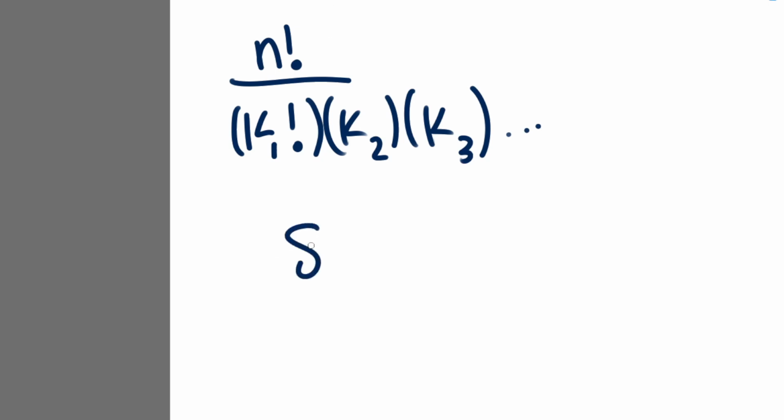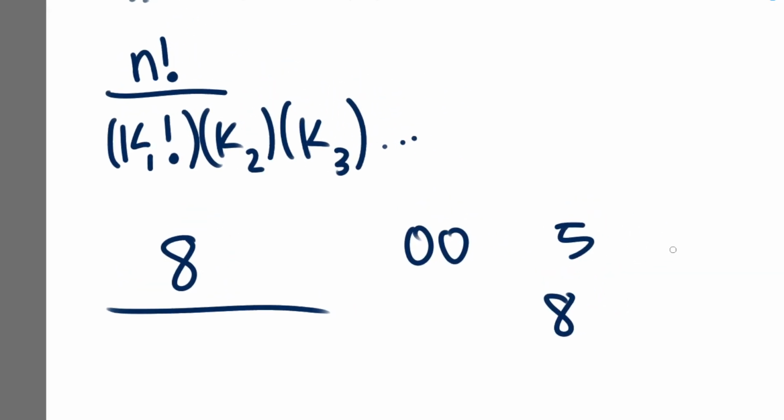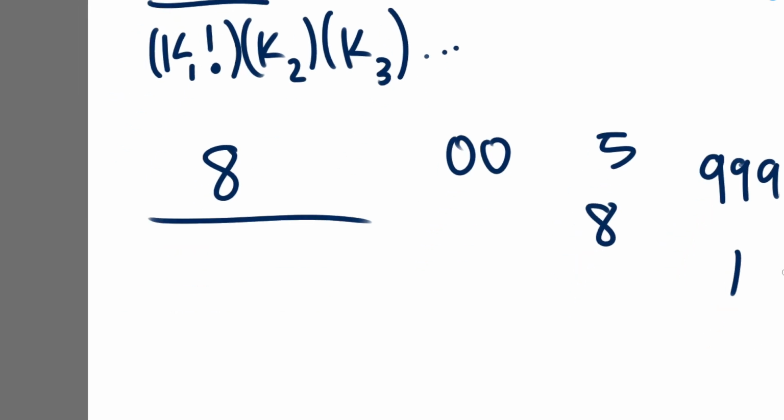So 8 is going to be N. For the probability of this one, we know that 0 happens twice, 5 and 8 happen once, and then 9 happens 3 times, and 1 happens once.